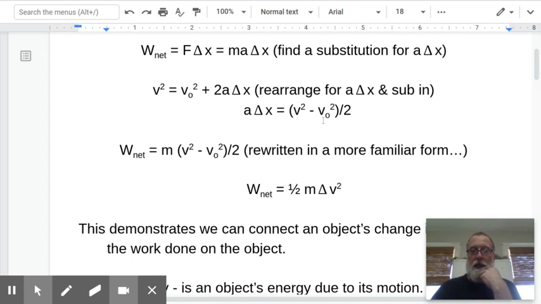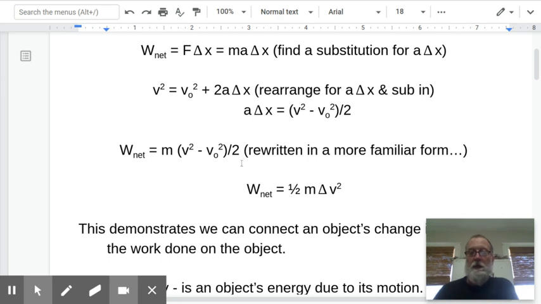Taking this, I substitute it into my work net equation, and instead of mass times acceleration times delta x, I get mass times change in velocity squared divided by 2.